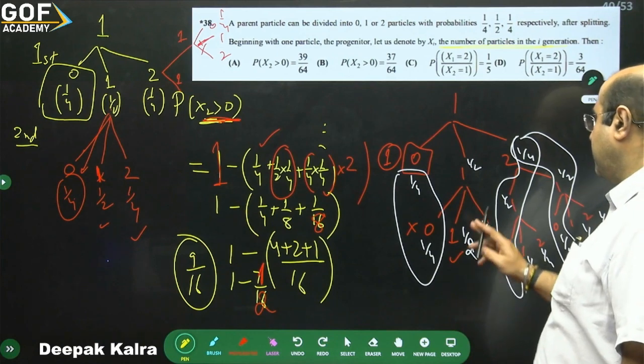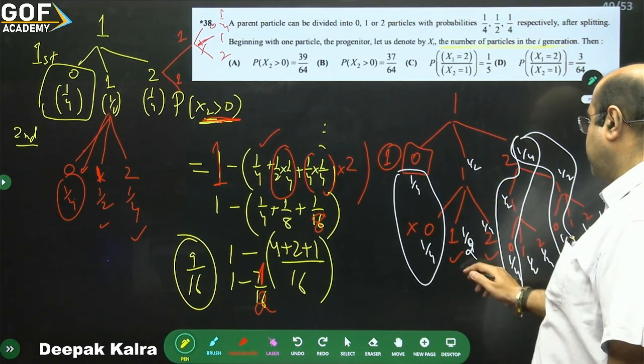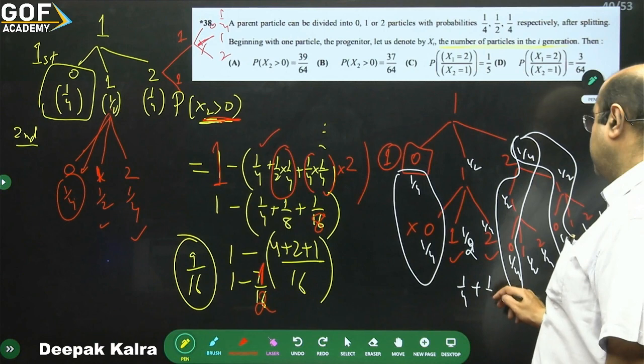You have how many cases? 1 by 4 plus 1 by 8.